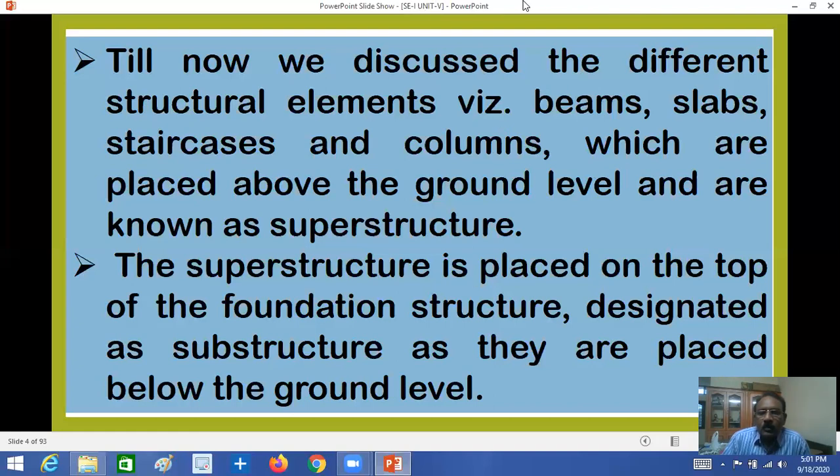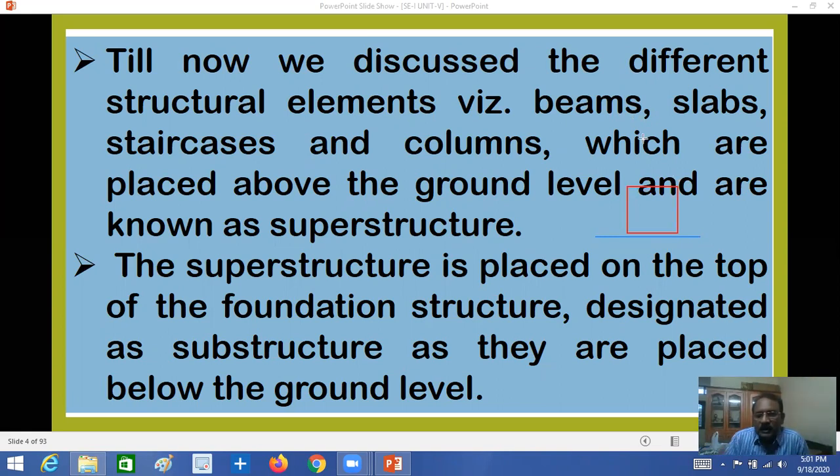Suppose this is ground level, and above that you have a structure with different columns.